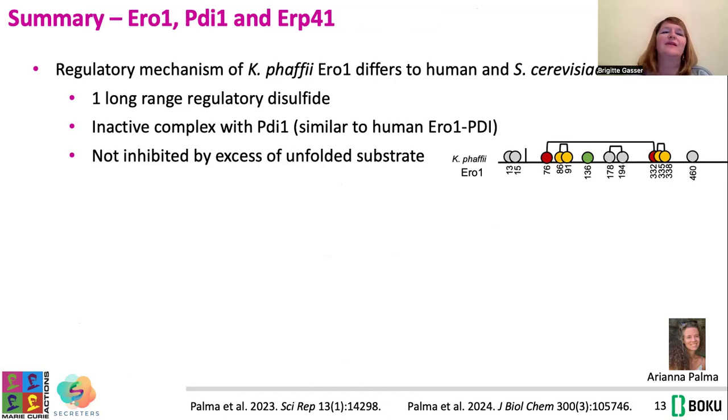We have identified and characterized the regulatory mechanisms of Pichia Ero and shown that it differs from the human one and also the known Saccharomyces one. We have one long-range regulatory disulfide, compared to at least two in the other two systems. We have an inactive complex with PDI, which is similar to the human Ero-PDI couple.